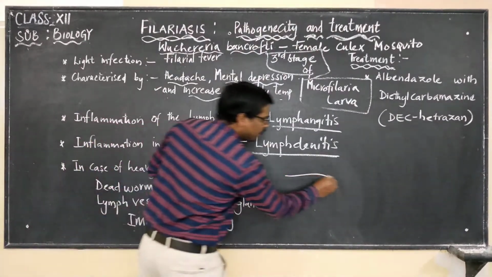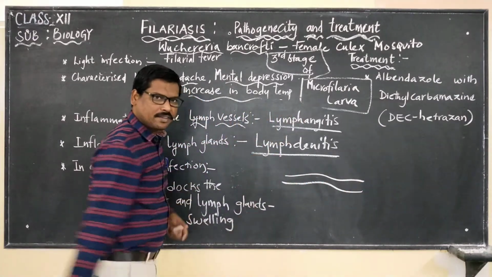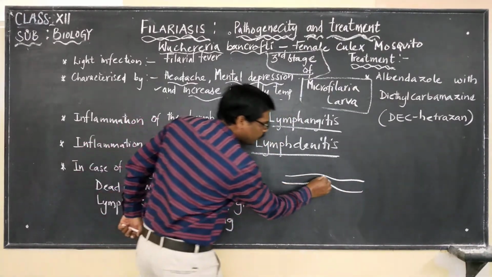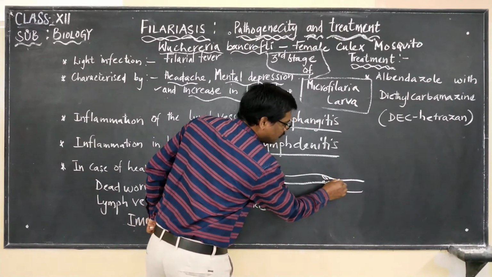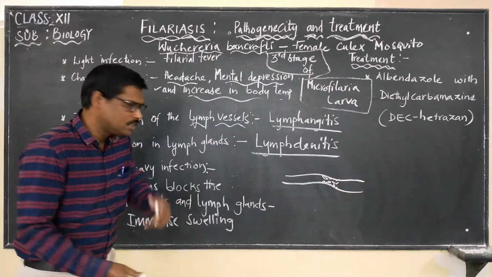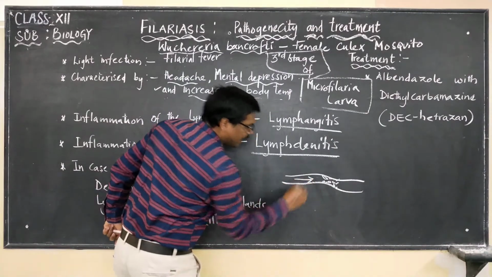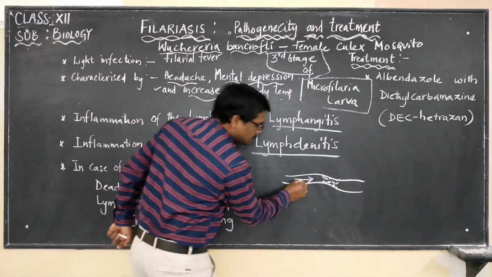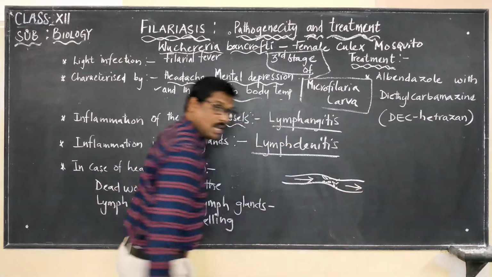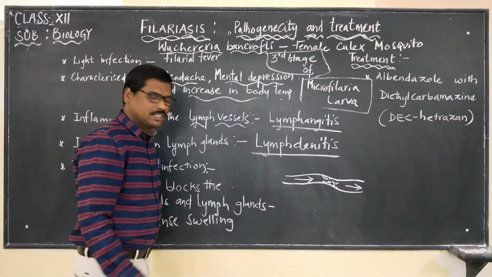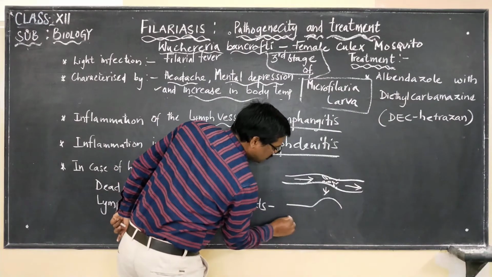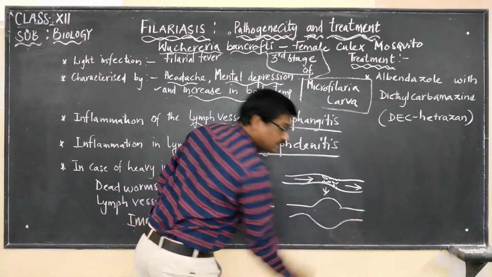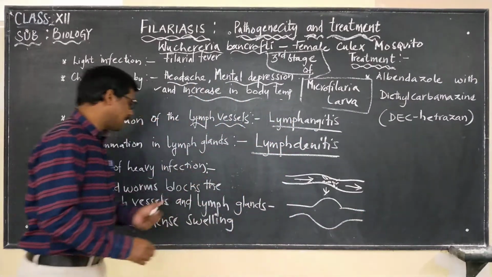Let us say this is a lymphatic vessel, blocked by dead worms. So there is no chance for the lymph fluid to pass to the other part of the lymph vessel. In such cases, that lymph vessel will start swelling.